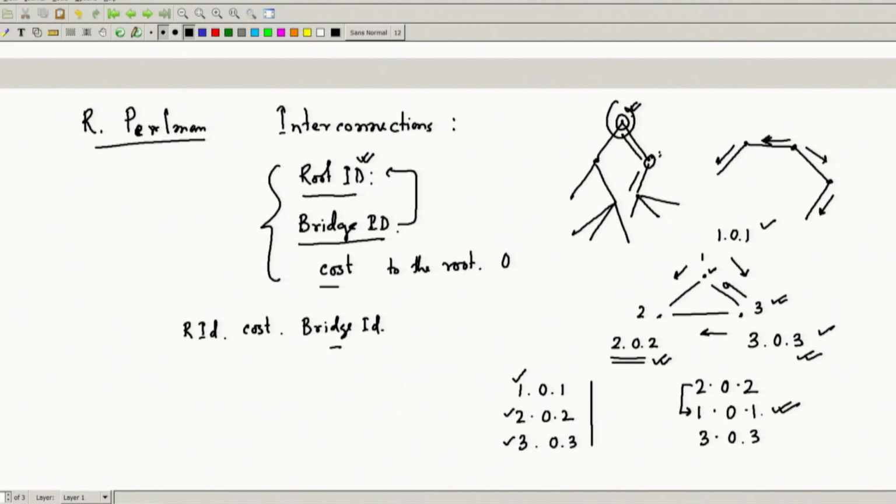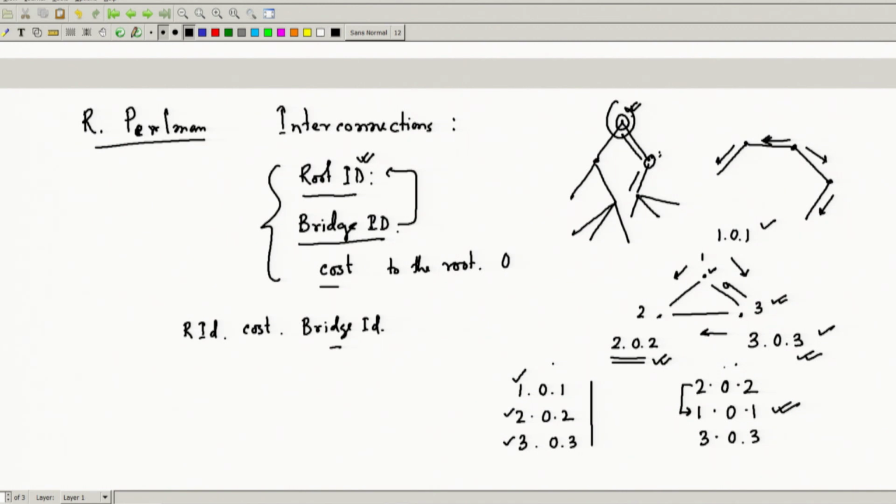Now, as you can see they are converging. 1 thinks he is the root, 2 is also thinking that 1 is the root, and for 3 the same thing will be happening. Now, if all 3 compare in this fashion, they will come to a unique conclusion that this guy must be the root, and then they start operating the protocol next.